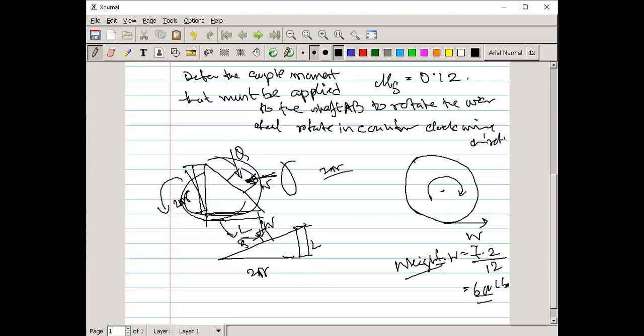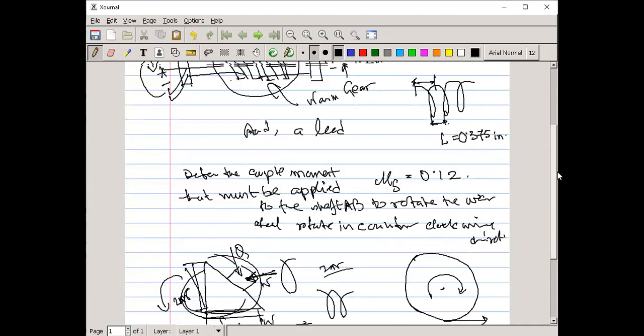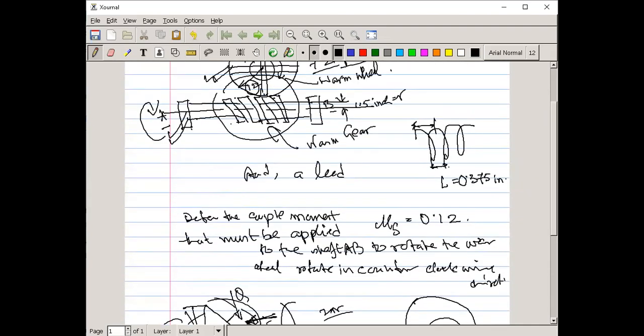Then this is theta, one lead. Theta means this angle.